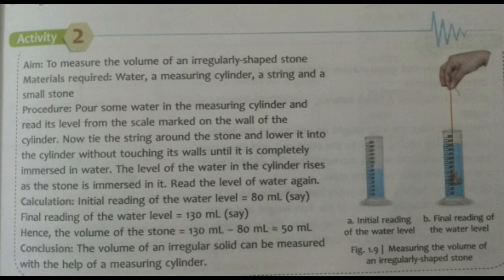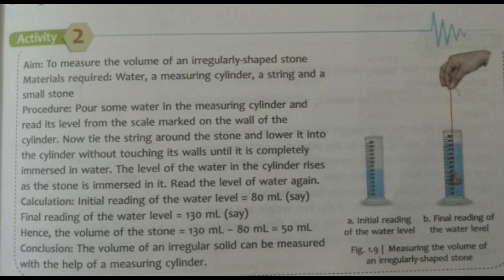Now we observe that the level of the water in the cylinder rises as the stone is immersed in it. Now again we take the reading of the scale marked on the wall of the cylinder and note it down.